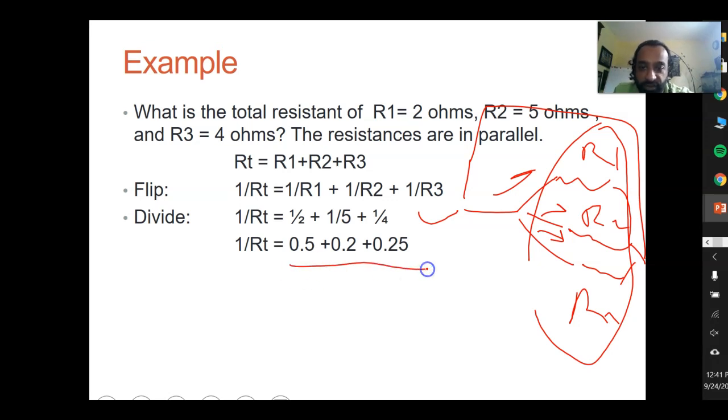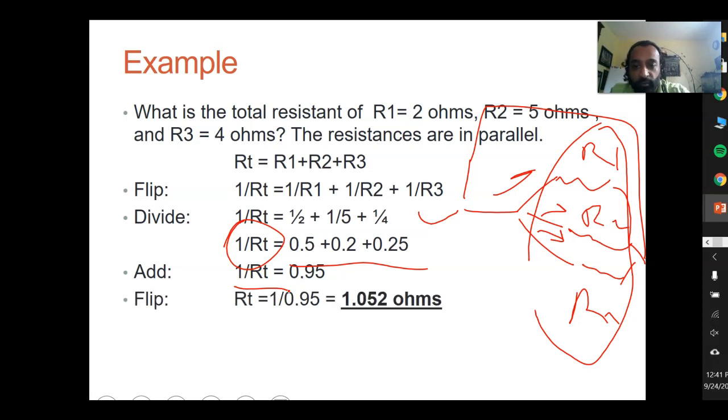That looks much easier to calculate. Maintain 1 over RT. It's just going to transfer the way it is. Then I'm going to add the total, which is the sum of those three. And I still have 1 over RT. And finally, RT will be 1 over that number, which is 1.052. Okay, two things I want you to remember.